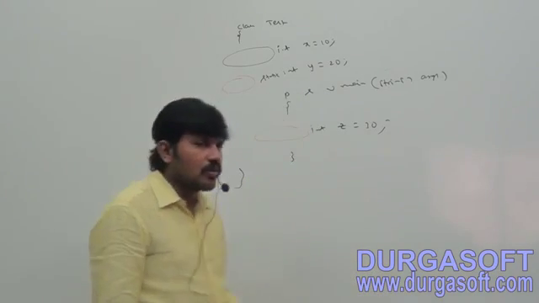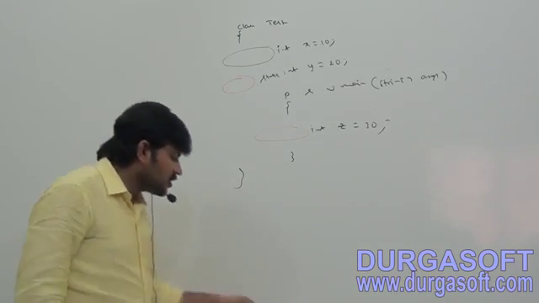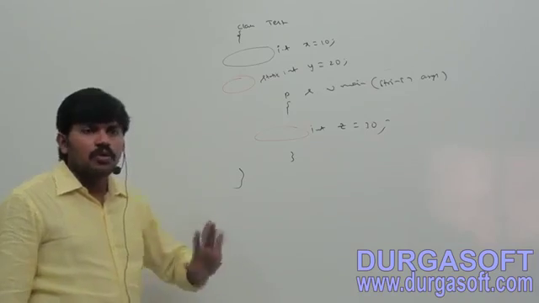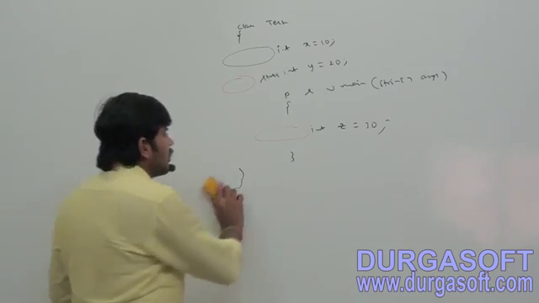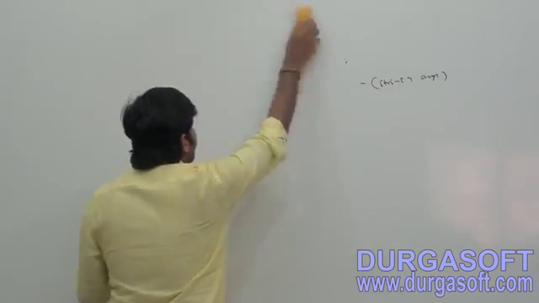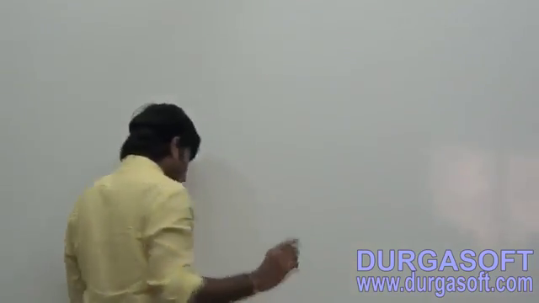Now observe, the only allowed modifier for a local variable is final. You know, right?